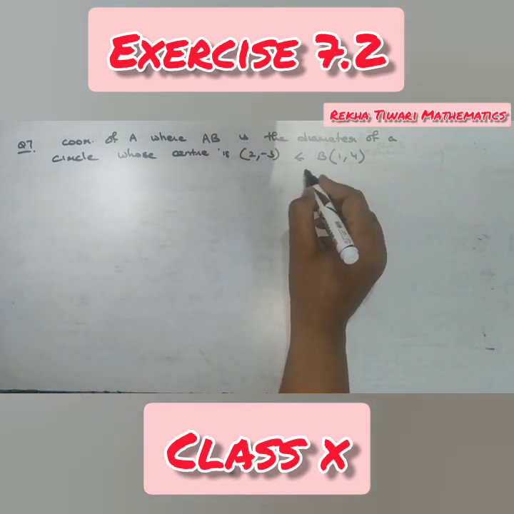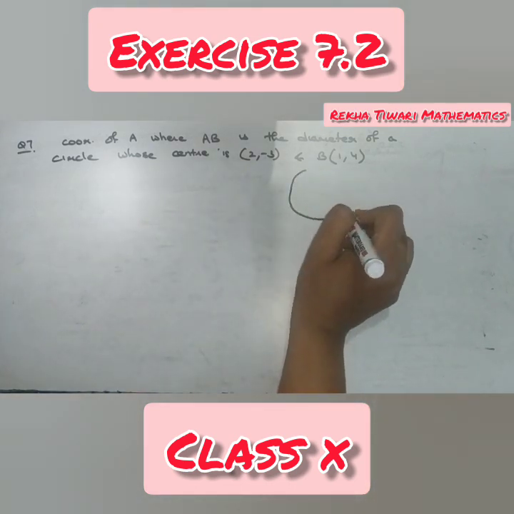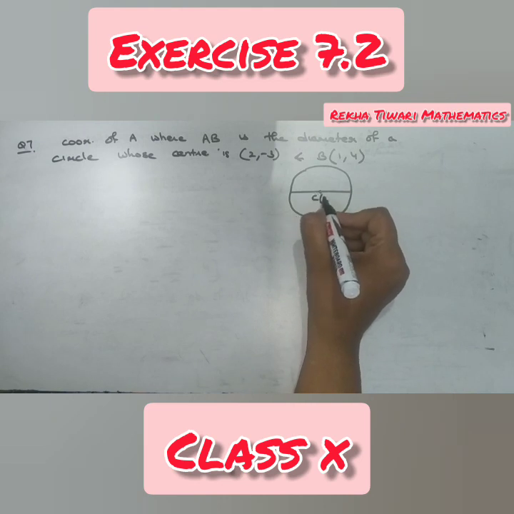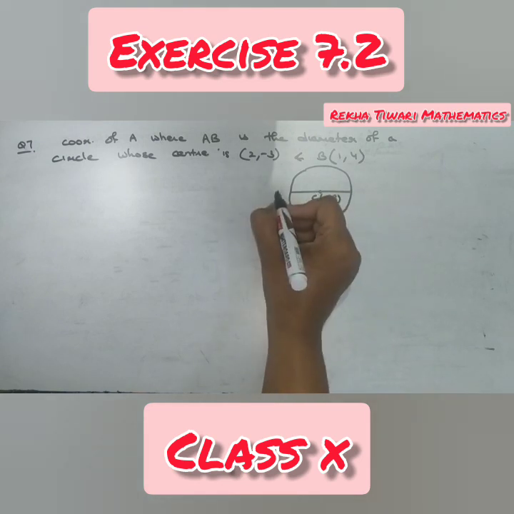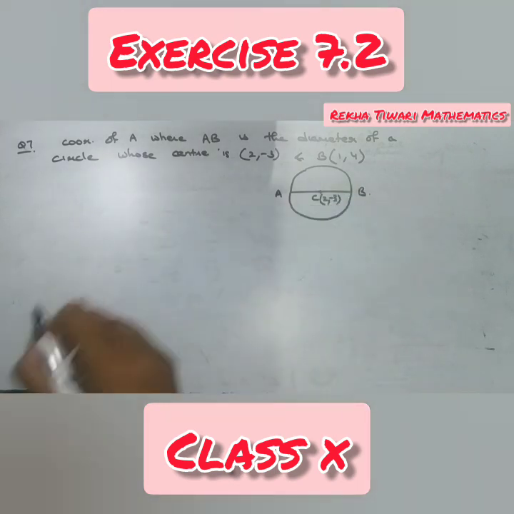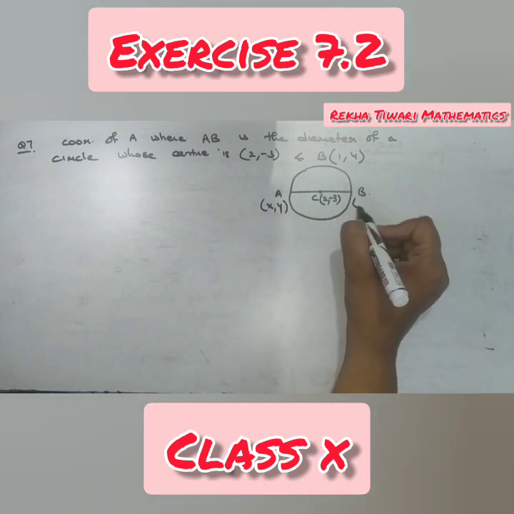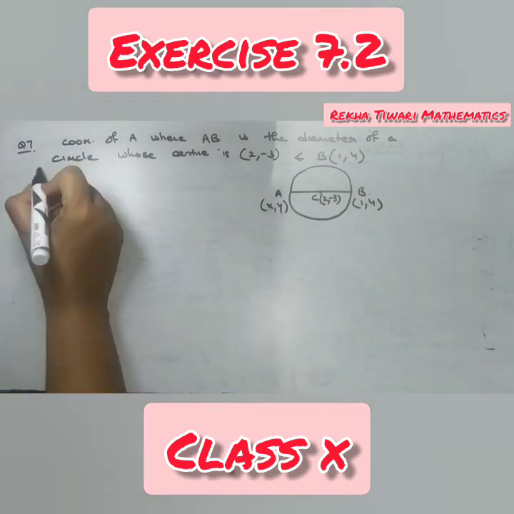So better draw the figure to make the concept more clear. Suppose this is the circle and this is the diameter with center. Let the center be denoted by C, whose coordinates are given as (2, -3). A and B are the endpoints of the diameter. Coordinates of A are not given to us. Let us assume them to be (x, y), and B is (1, 4).